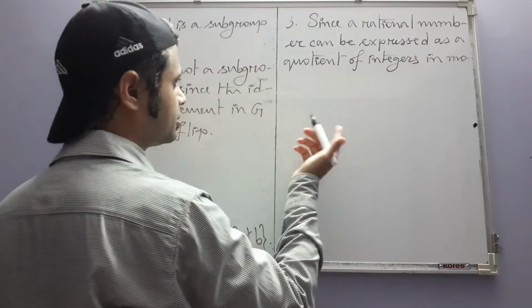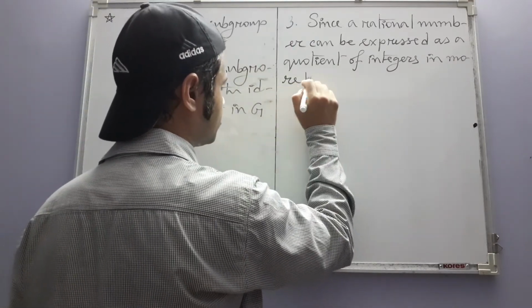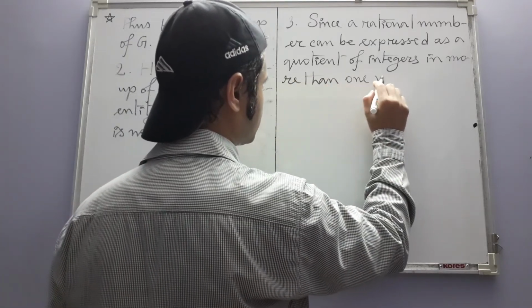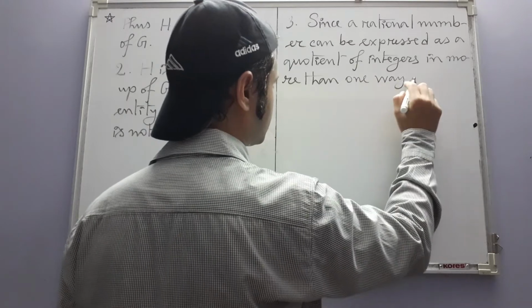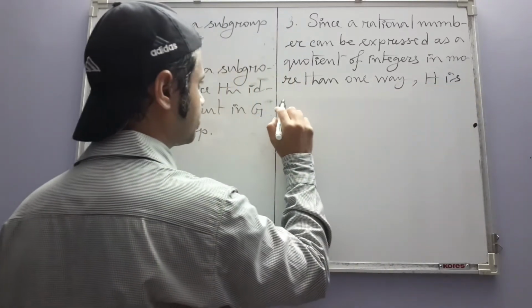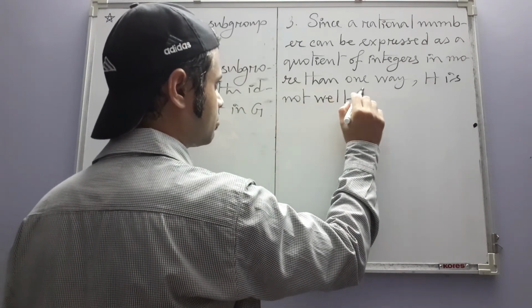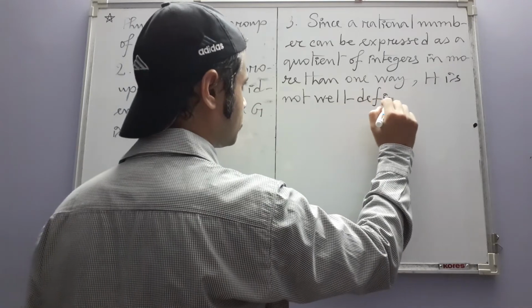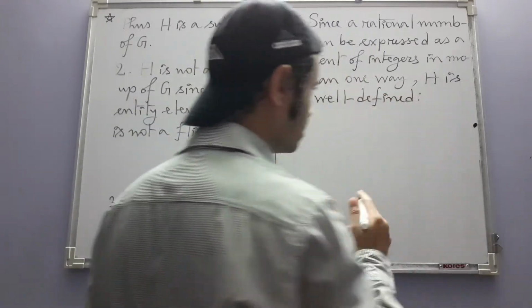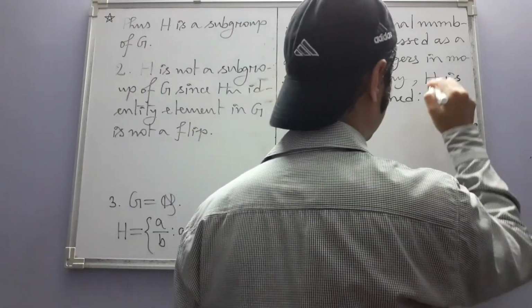We don't need to mention infinitely many ways, more than one is enough. Because of specifically this reason, H is not well defined.